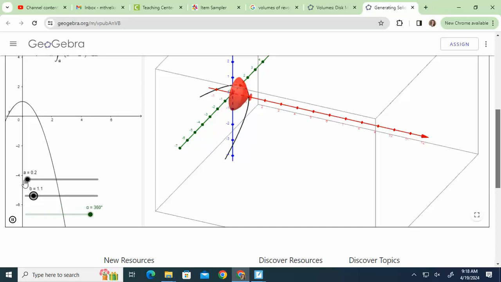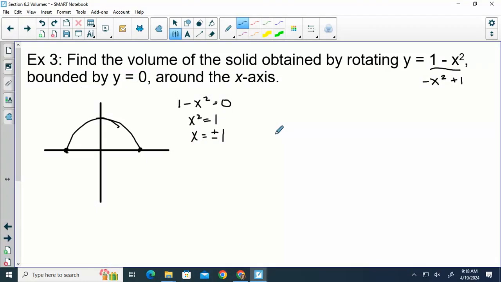Now it doesn't allow us to go to the negative, so it's only showing us half of it. But you can see it in motion as it goes. All right. So we know we're getting a sphere. We know then our cross section is a circle.